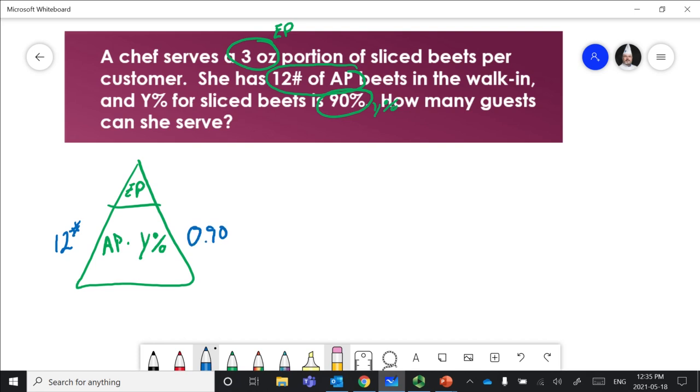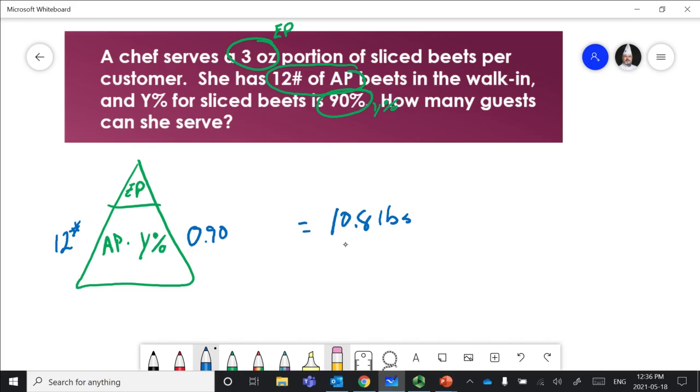We can multiply that out, 12 times 0.9, and we're going to end up with 10.8 pounds, right? Now, we need to figure out how many 3-ounce portions we can do.